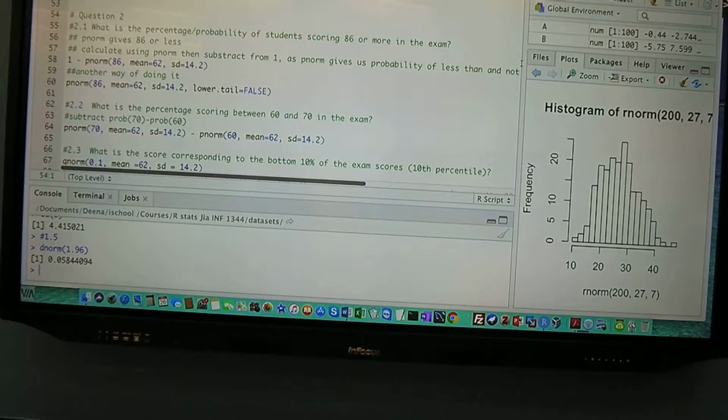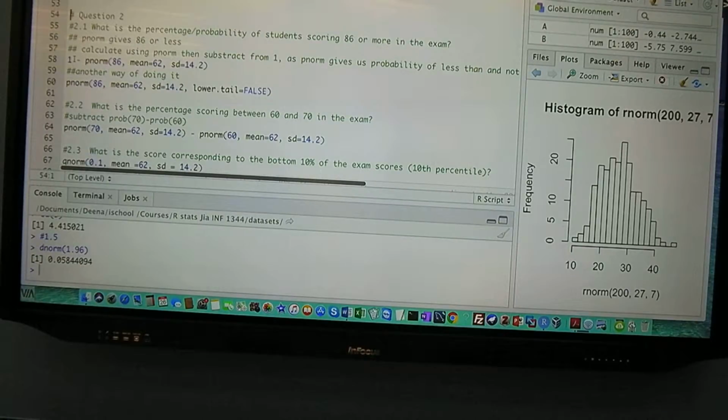So here is the command in line 58: 1 minus P norm of 86, which is the score I'm asking about. The mean is 62 and the standard deviation is 14.2. Okay? If I don't put this 1 minus, that will give me the probability of those who score less than 86.